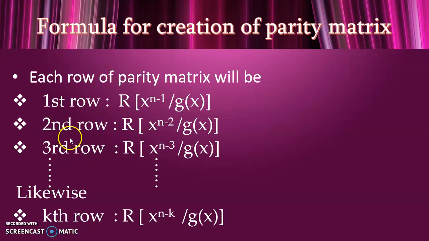Next, in the second row, x to the power n minus 2 is divided by generator polynomial, and the remainder is placed in the second row of parity matrix. Similarly, third row of parity matrix will be x to the power n minus 3 divided by generator polynomial, and its remainder part will be placed.